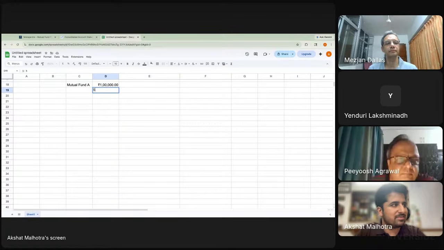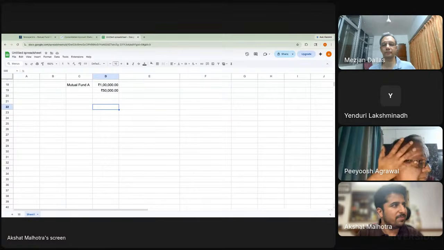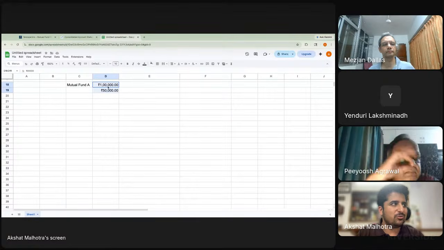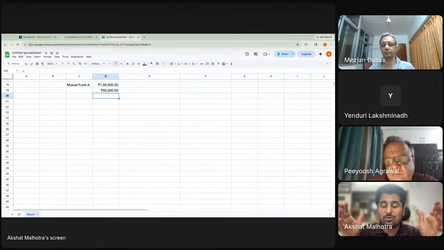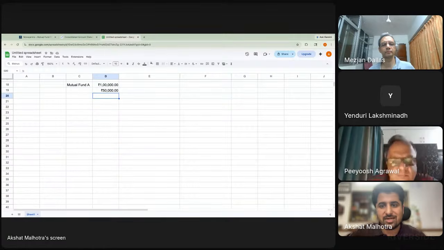It's currently 50,000 rupees, and we understand the market is down and it's a long-term thing, so one has to stay invested for the long run. The question is: should he book the loss and reinvest in the same mutual fund scheme after some time, so that at least this loss is something he can book and carry forward for the next 8 years?